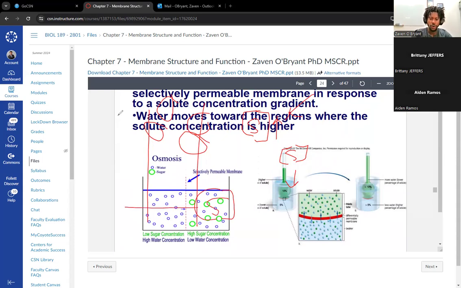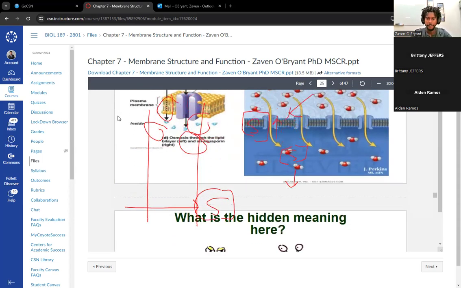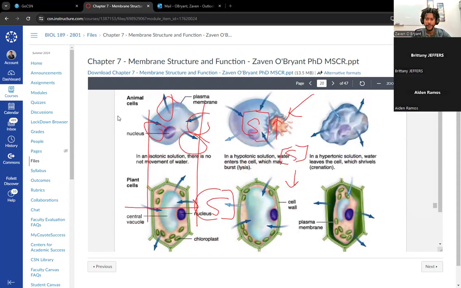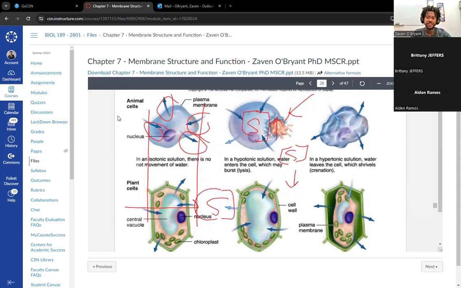So the water is always moving to the area of high salt concentration. So what solution is it? You say this picture right here, that one that you just showed, that's a hypotonic? Exactly. It is a hypotonic solution because the solution has a low amount of solutes.